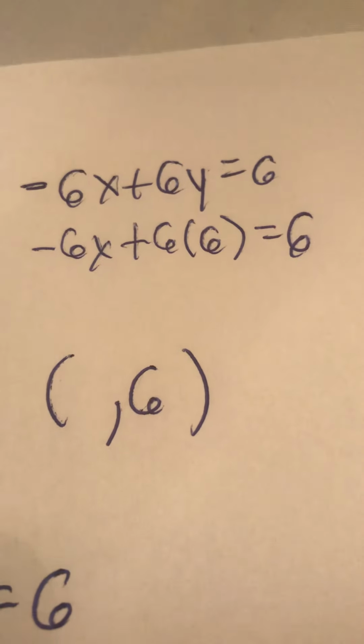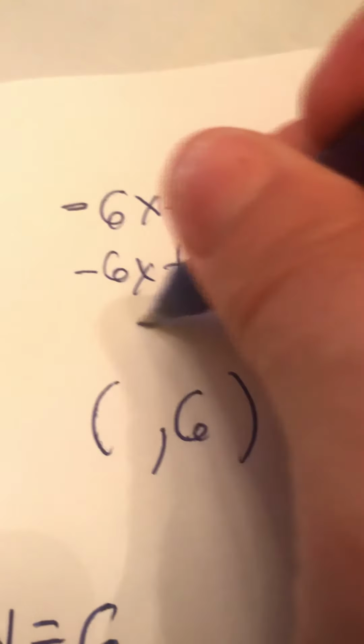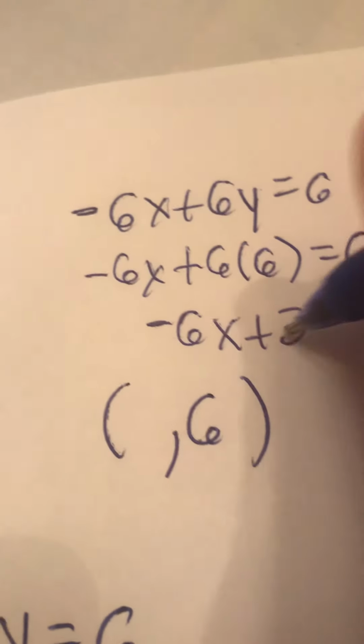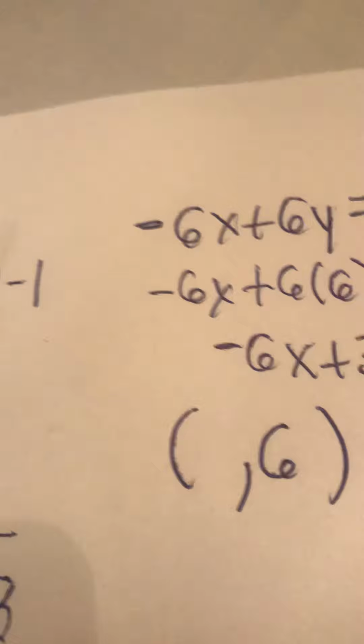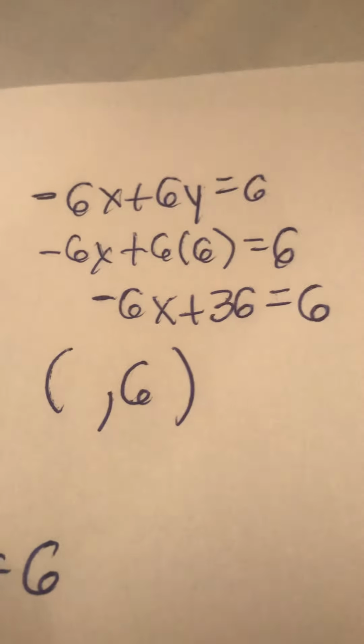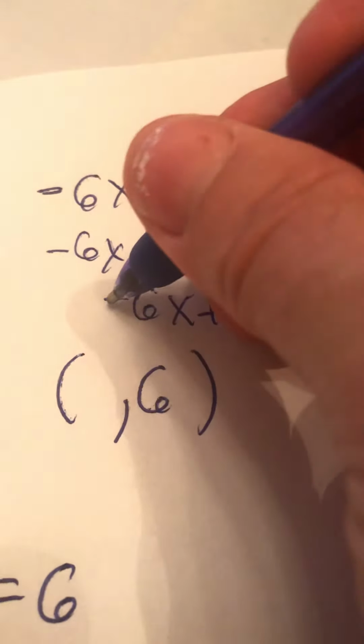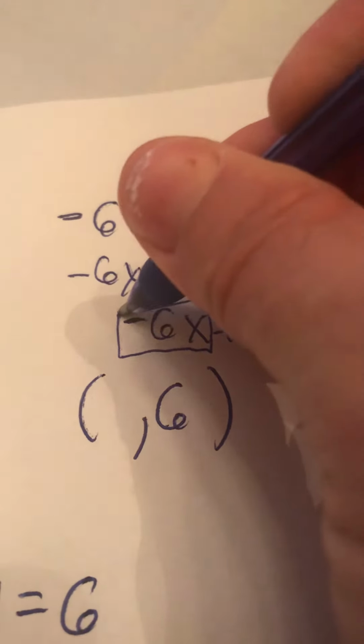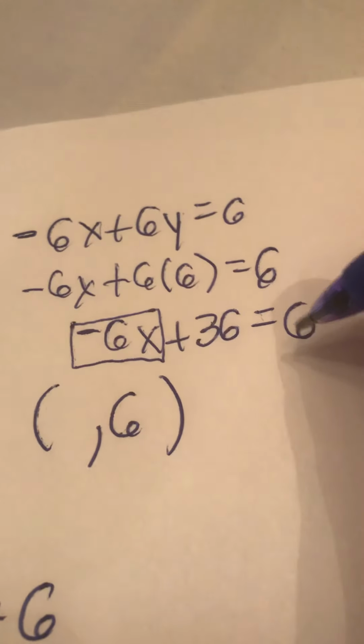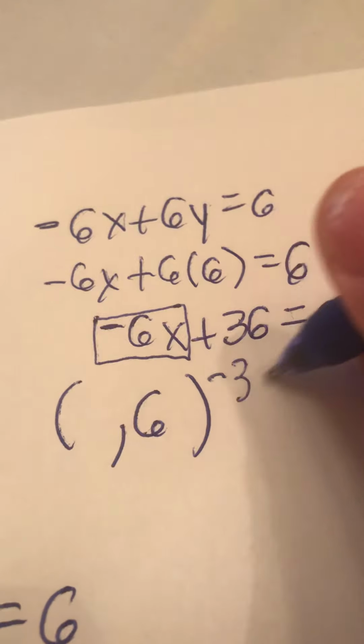So -6x plus 6 times 6 is 36. -6x plus 36 equals 6. Again, in common theme, we have a two-step equation. We're going to box in that variable. We're going to do the inverse operation of adding 36, so we're going to subtract.